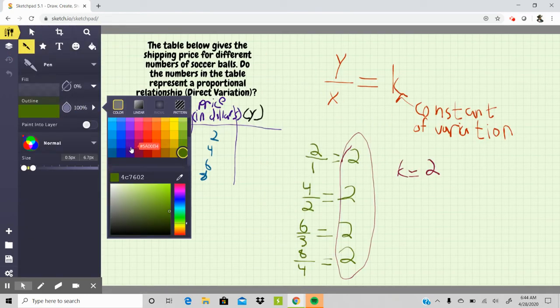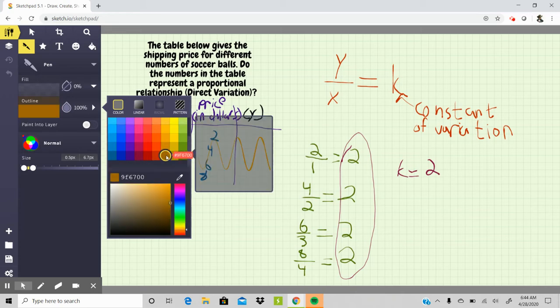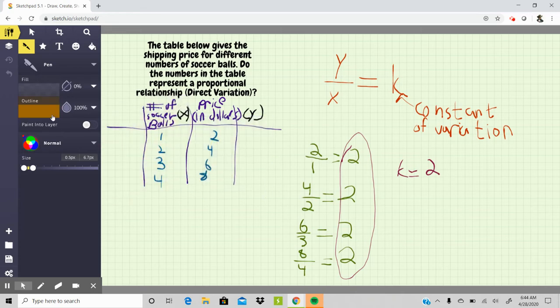So to write an equation for it, it's going to have a y equals, this is our dependent variable.